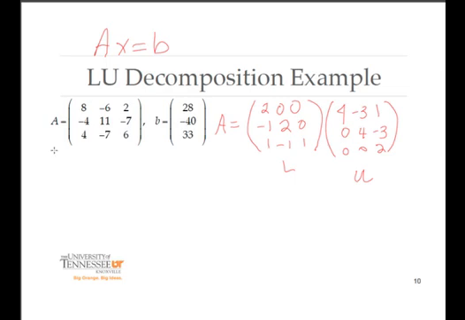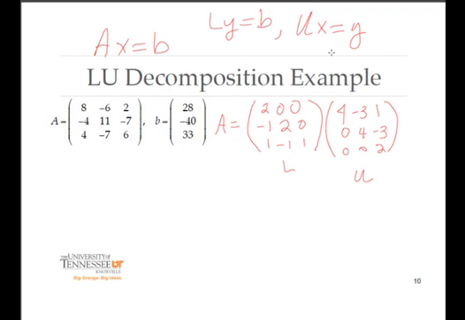We have to solve Ly equals B, followed by Ux equals y. Again, we use the vector y as an intermediate form. It could really be called anything else, z, h, anything. It doesn't really matter, but we just use it as the intermediate solution to the lower triangular system, and then use it to finish out solving for x.